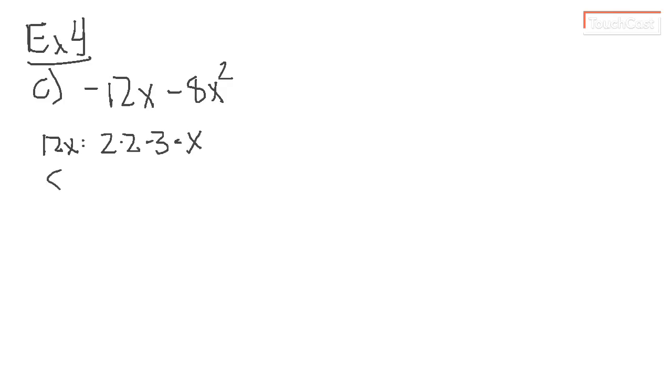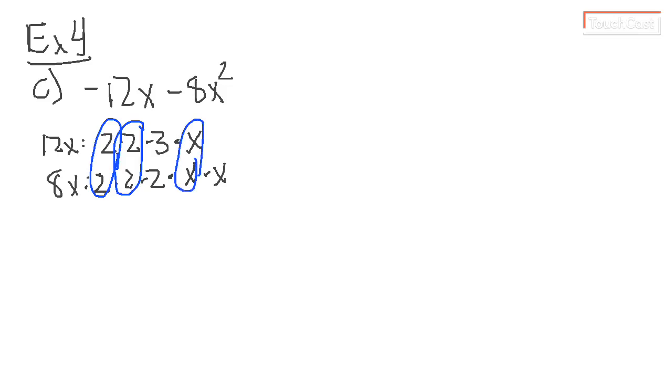And we can write 8x squared as 2 times 2 times 2 times x times x. So if we circle the things that we see in common, they've got 2 2's and 1 x in common. So if we went 2 times 2 times x, we're going to have 4x.